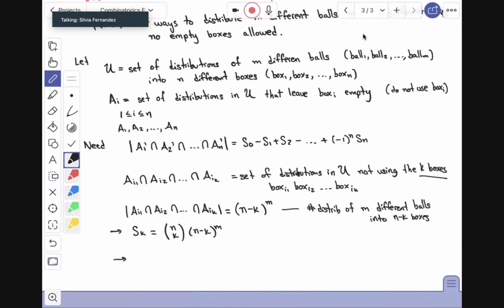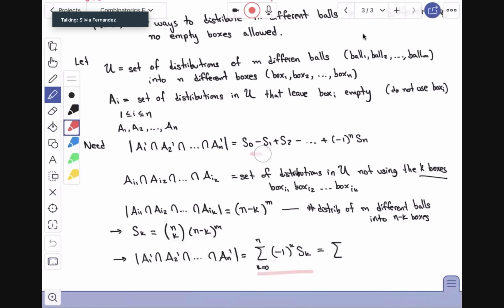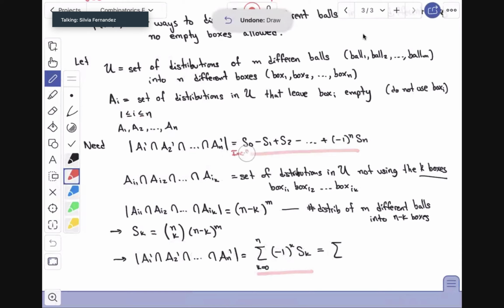Which means that what I want is simply the sum from k equals 0 to n of negative 1 to the k, S_k.